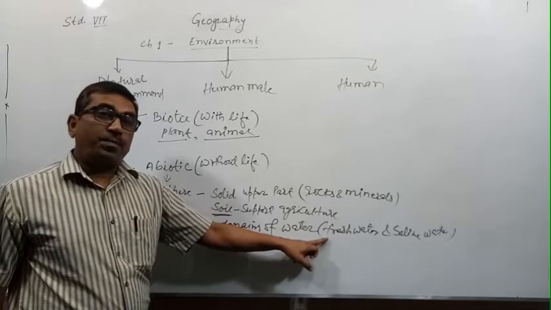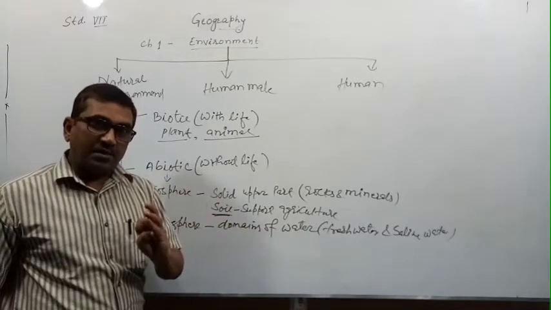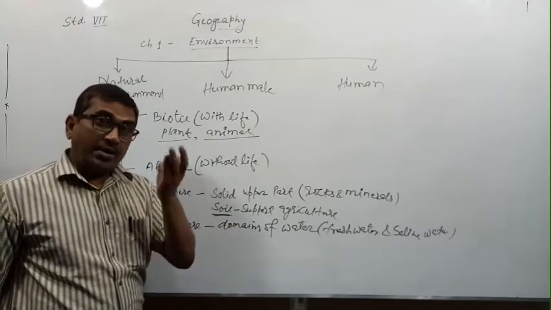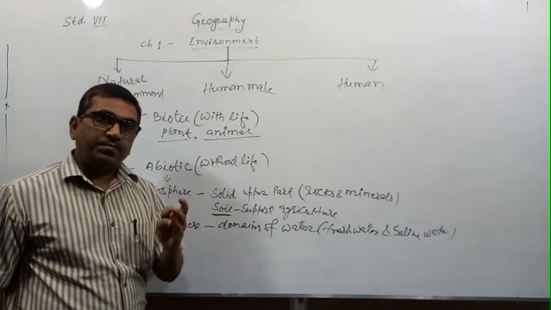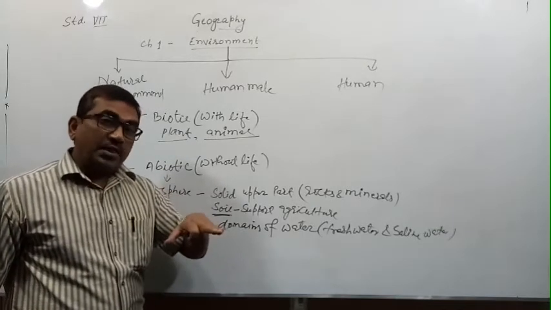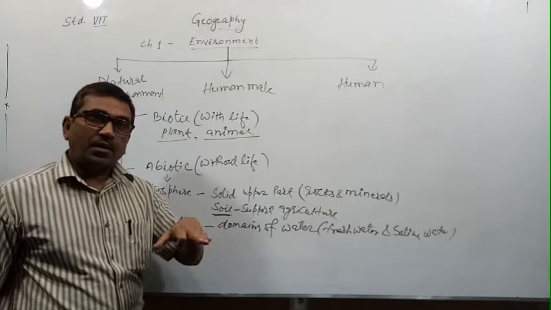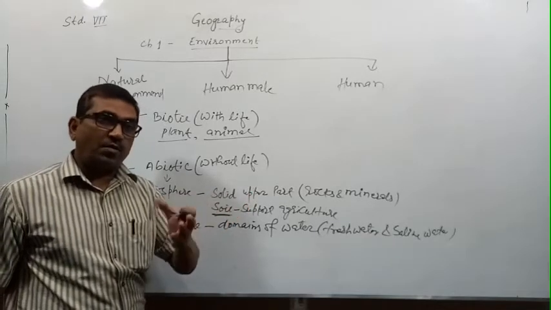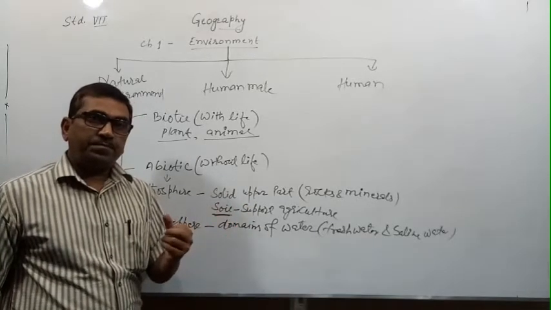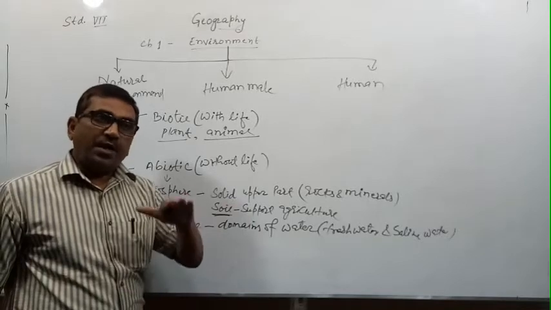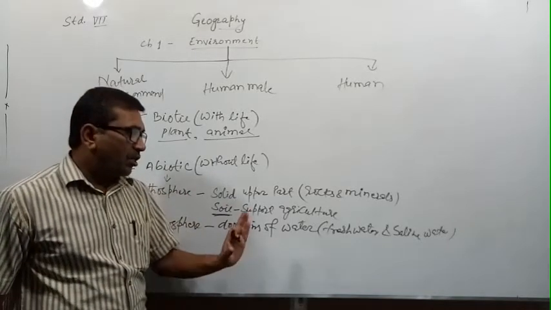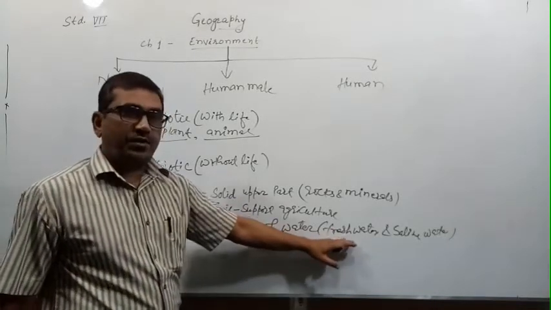What is the source of fresh water? A river is there. Rain is also a source of fresh water. Then surface water. Other than the river, the surface water comes from the ponds and the lakes. Well is there. Then we have the underground water. These all are the source of fresh water.